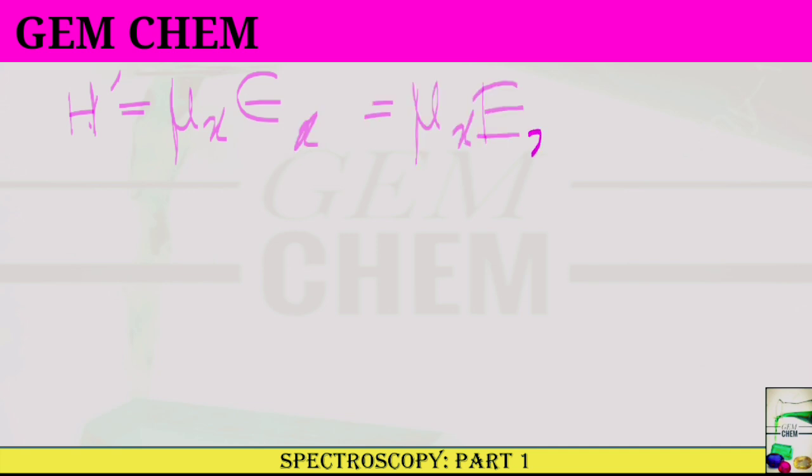Now, a molecule, if it has a dipole moment, will interact with different kinds of radiation to absorb energy, and H dash, which we had considered previously, can be given an expression with regard to the dipole moment also. So in this case, we have H dash equal to mu x Ex.